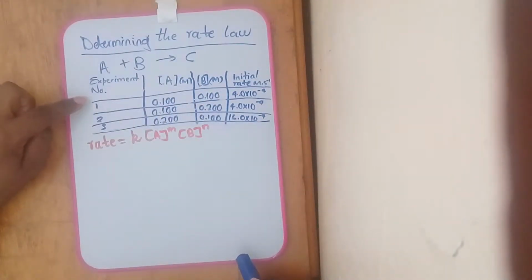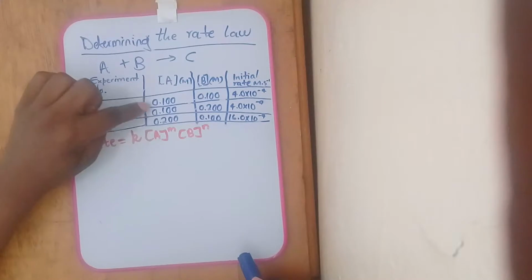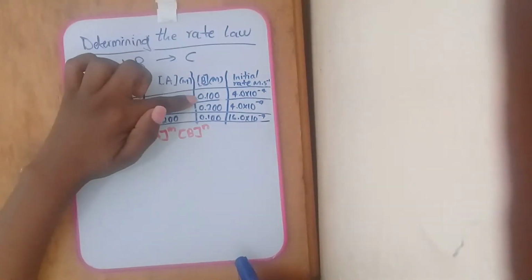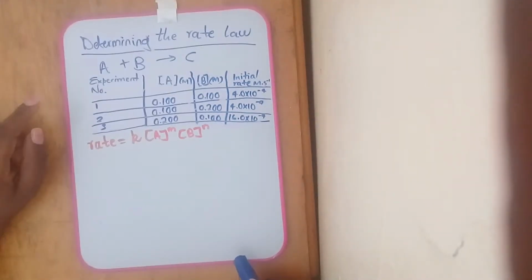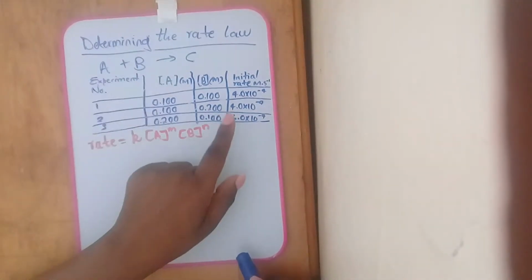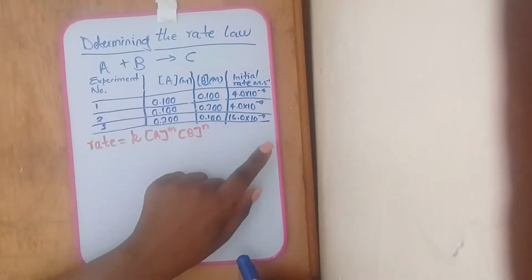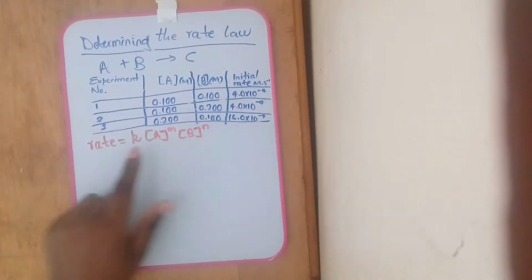Looking at experiments 1 and 3, the concentration of A did change from 0.100 to 0.200, while the concentration of B did not change, but the initial rate of the reaction did change from 4.0 times 10 to the power minus 4 to 16.0 times 10 to the power minus 4. So you need to find the reaction orders here.